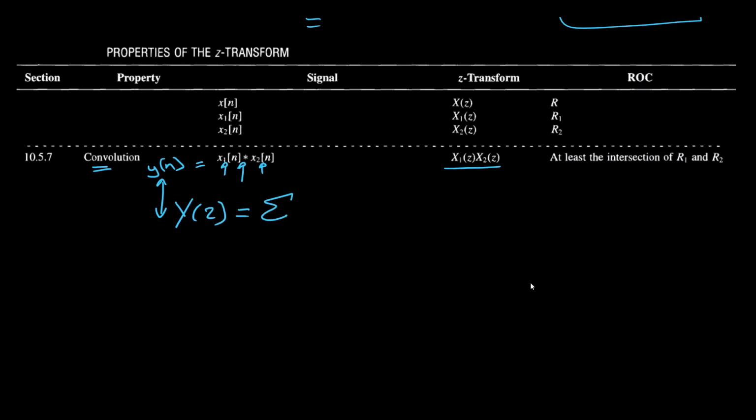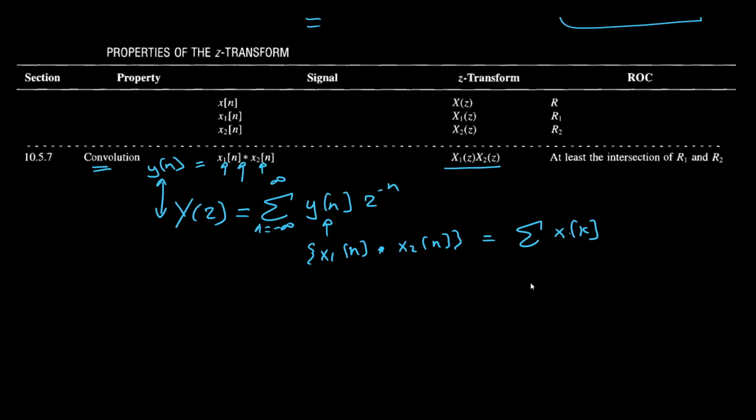So this would be equivalent to a summation n from minus infinity to infinity y of n z to the power minus n, where y of n is simply x1 of n convolved with x2 of n, and this is the summation of x1 of k, x2 of n minus k, where k is from minus infinity to infinity.